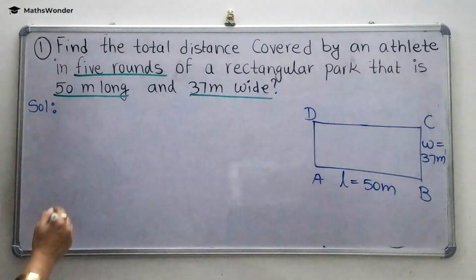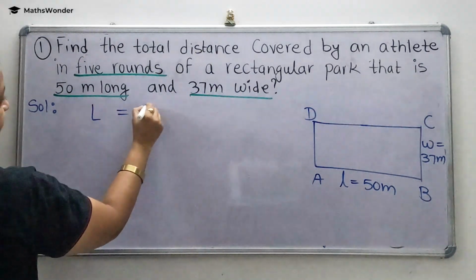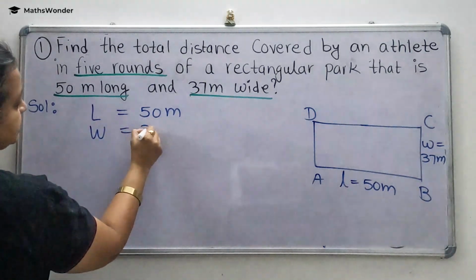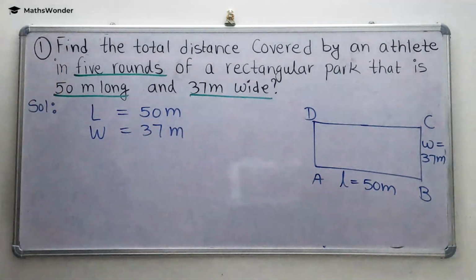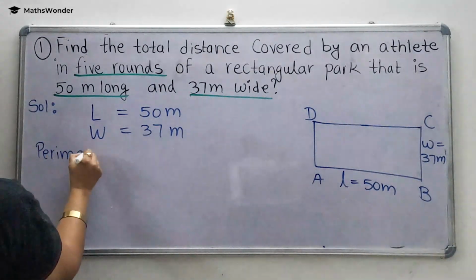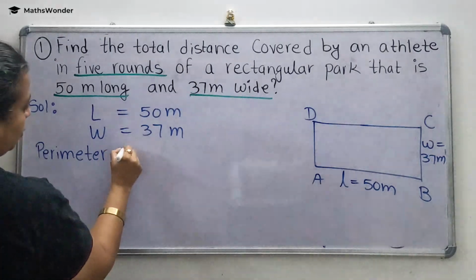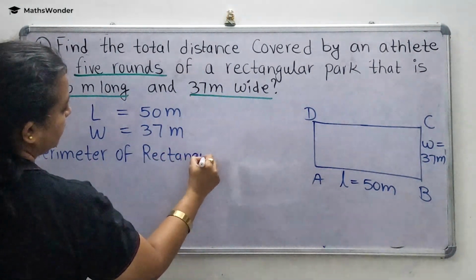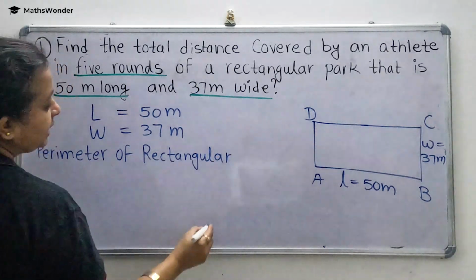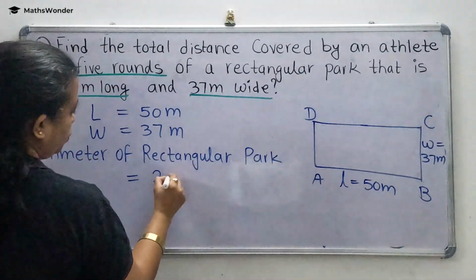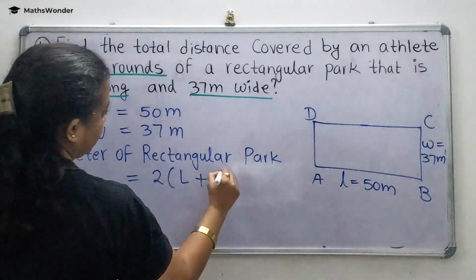The length of the park is 50 meter, the width of the park is 37 meter. That is the given information. Now the perimeter of the rectangle, as you know, is 2 times length plus width.